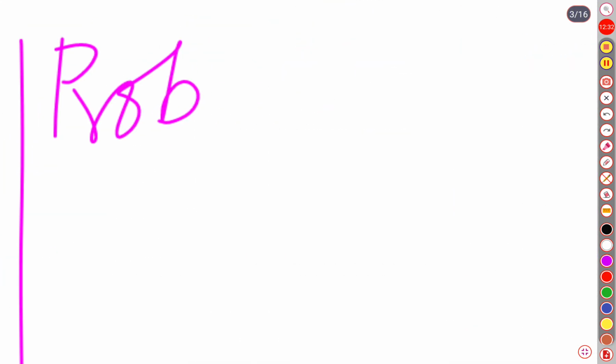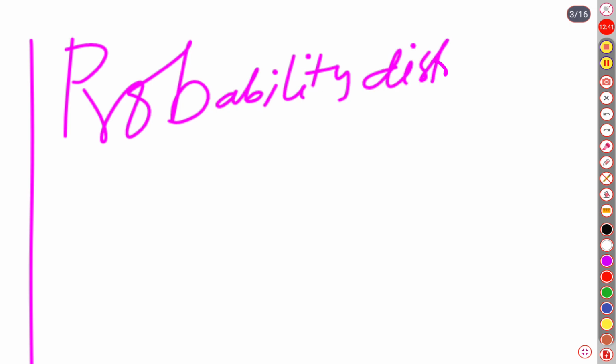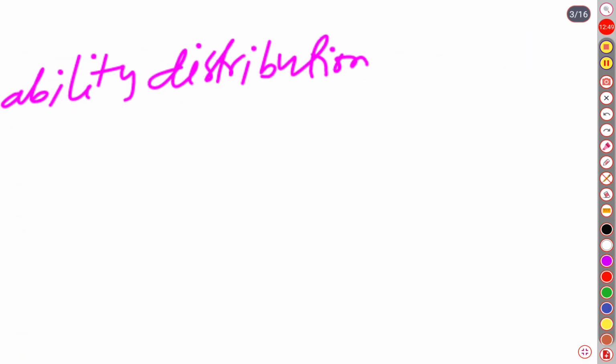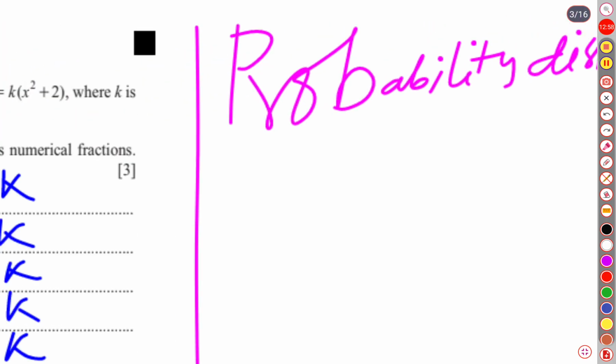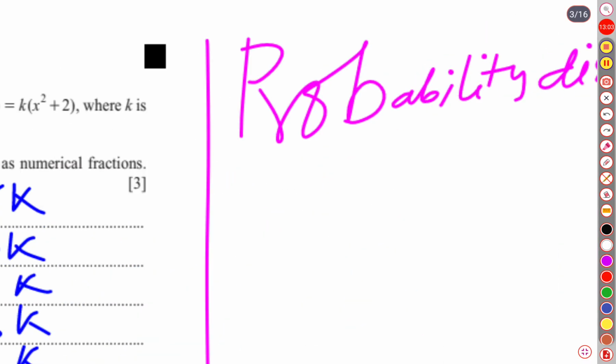How many values of x are there? 1, 2, 3, 4, 5, so we require 6 columns.